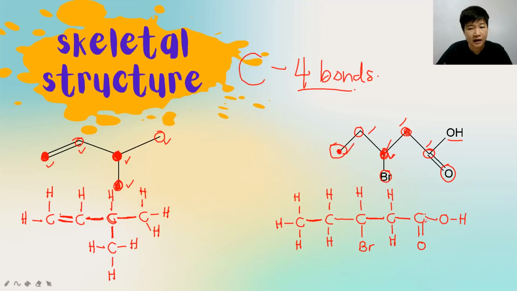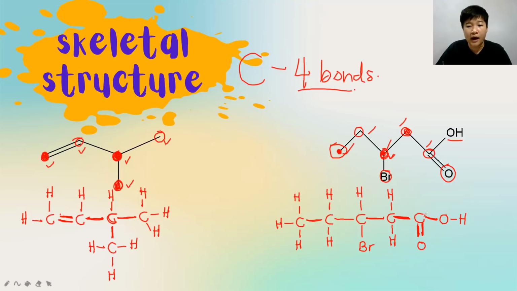The last carbon, last but not least, is holding a double bond to O and a single bond to OH, so it already has enough bonds. If you look at it, single bond, 1, 2, 3, 4. So this carbon already holds 4 bonds, enough.